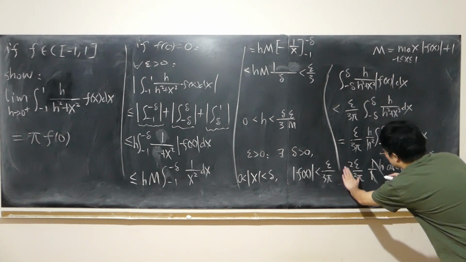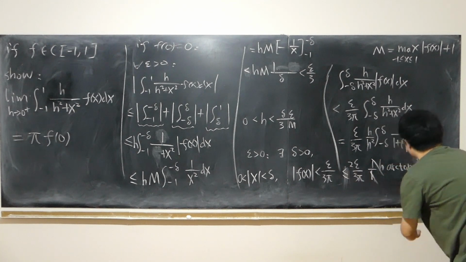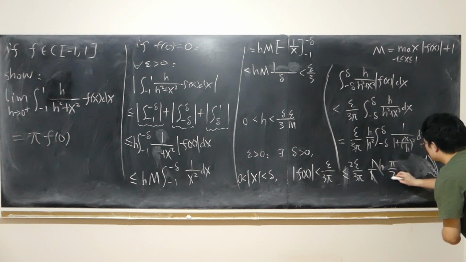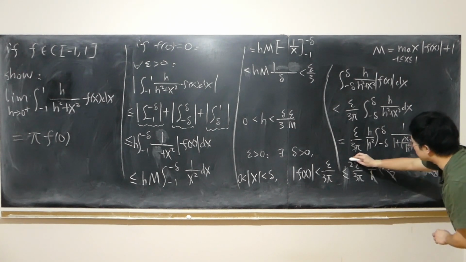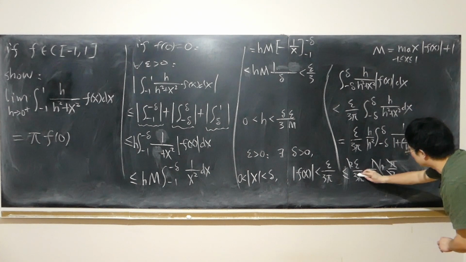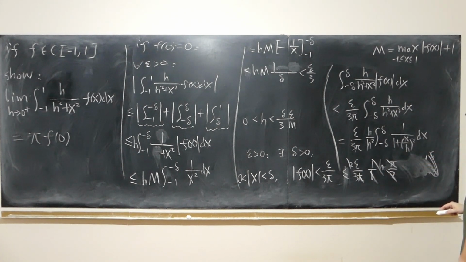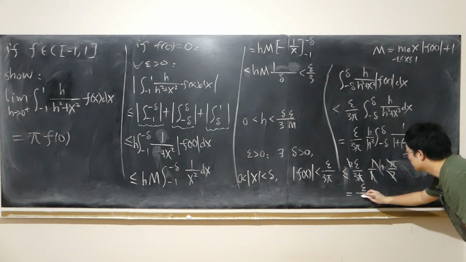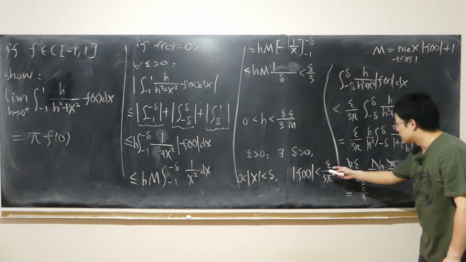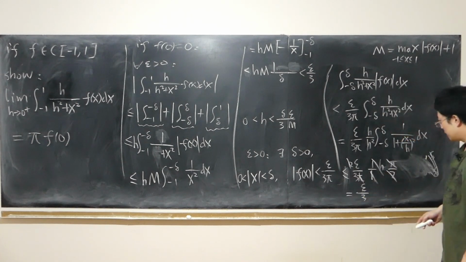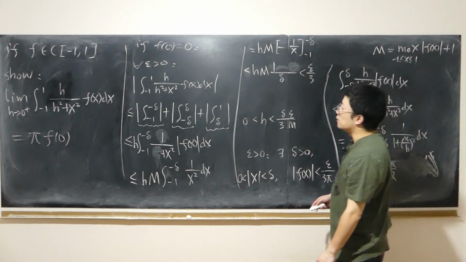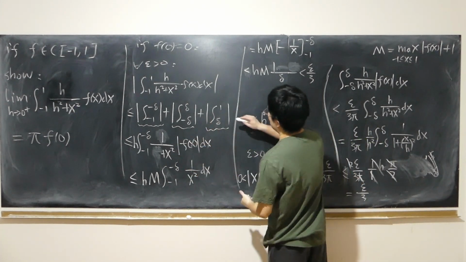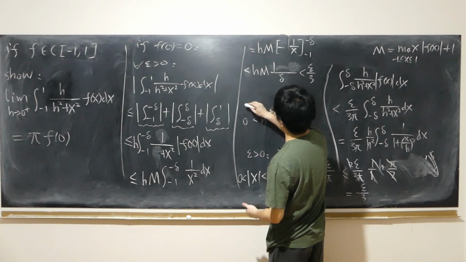So no larger than half pi. So 2 and 2 cancel out. Pi and pi cancel out. So this is in fact epsilon over 3. That's why I chose epsilon over 3 pi. So that this section, altogether, is less than epsilon, right?